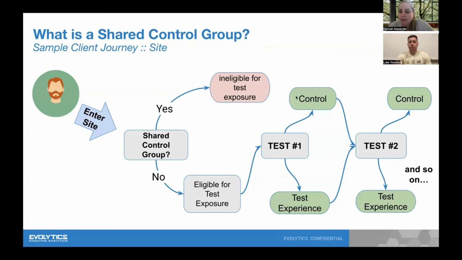But we still have the individual control check to tell us how each individual test performed. The reasoning is we want to see how our marketing campaign is performing as a whole. So not only how did test number 1 and test number 2 do, but how did all tests active at this time, this overall site experience, perform against those receiving the initial experience.